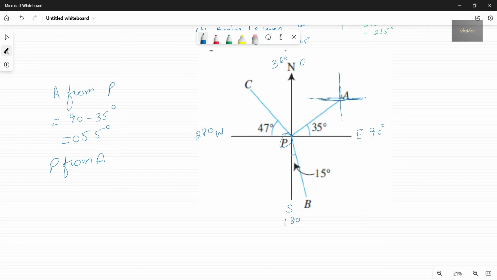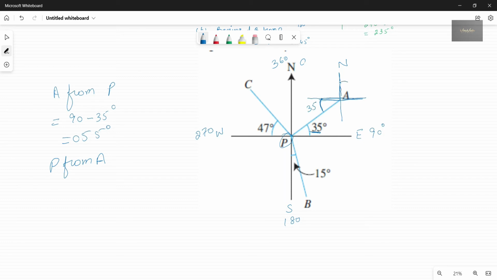Again, angle placements are same, north, east, south, west, and 0 degree, 90 degree, 180 degree, 270 degree and 360 degree, right? Again, I will pick my given angle from here. This angle is with the horizontal line, so I will shift it with this horizontal line. These are alternative angles, right?